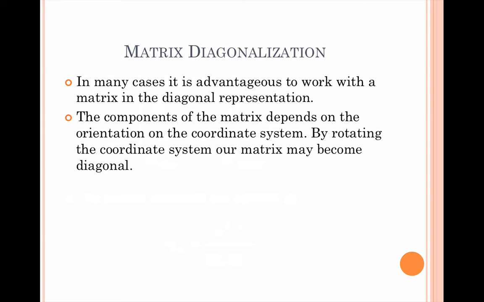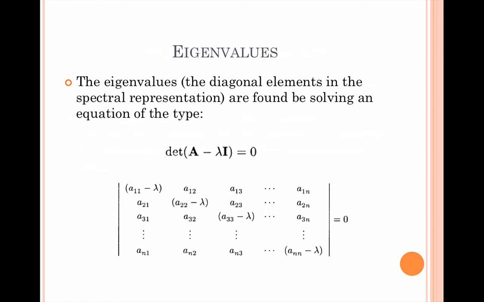A problem that we meet many times in the sciences is that of matrix diagonalization, that is, how we can transform a matrix into a diagonal form, that is, a matrix containing only non-zero entries on the diagonal. One way of obtaining the matrix in its diagonal form goes by the route of calculating the so-called eigenvalues.